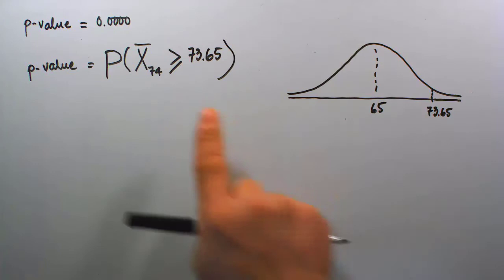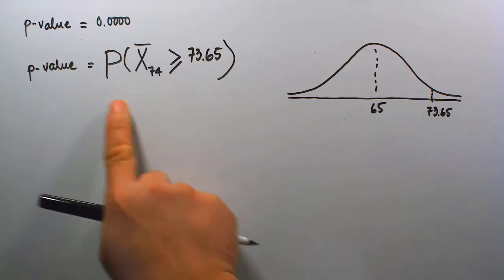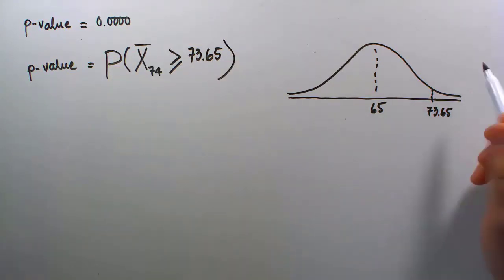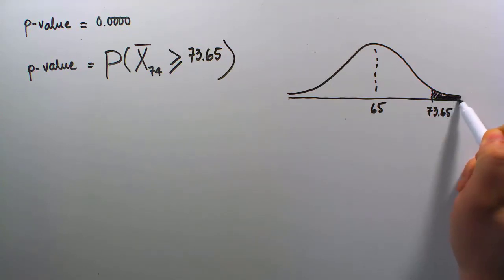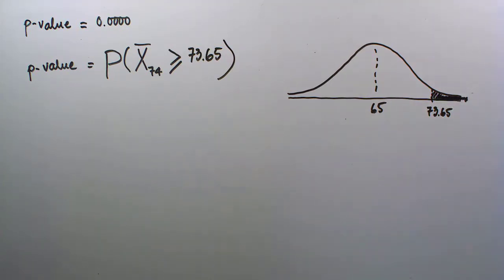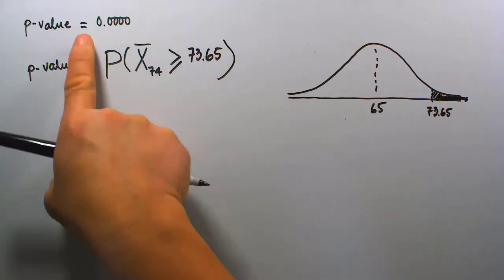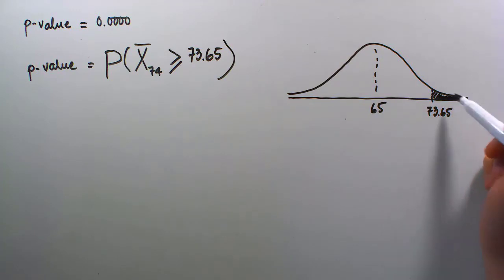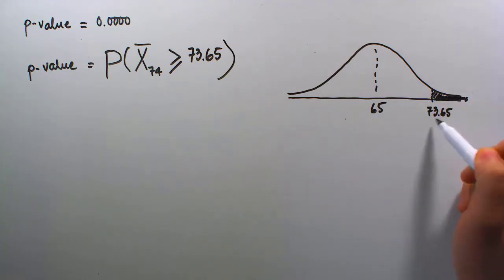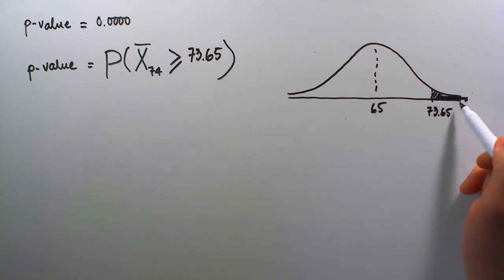This probability is graphically represented as the area shaded to the right-hand side from where our sample is. So connecting with the p-value, this area shaded to the right-hand side of our sample mean value, shaded in black here, is the p-value.